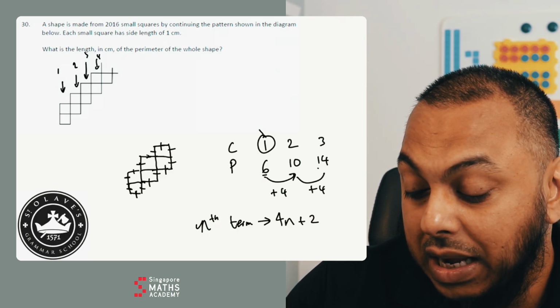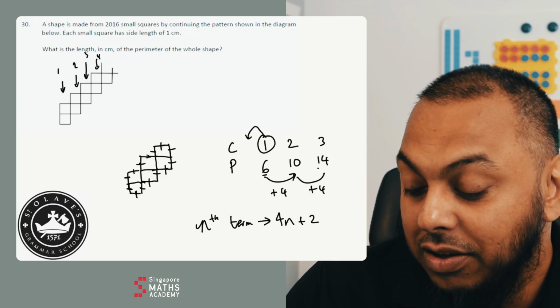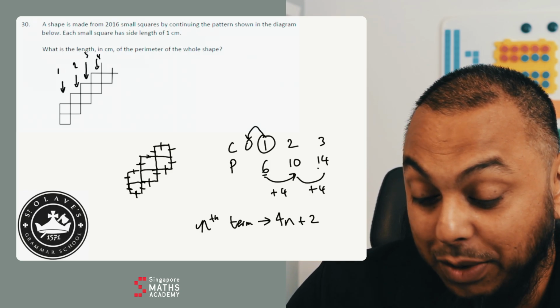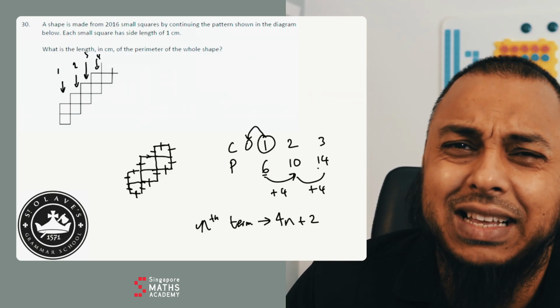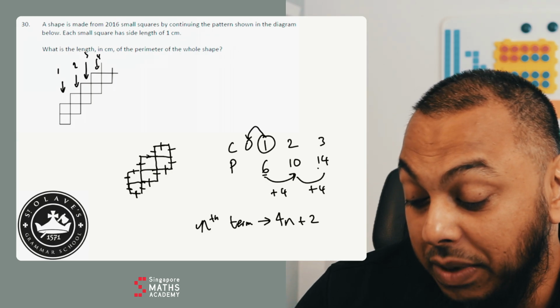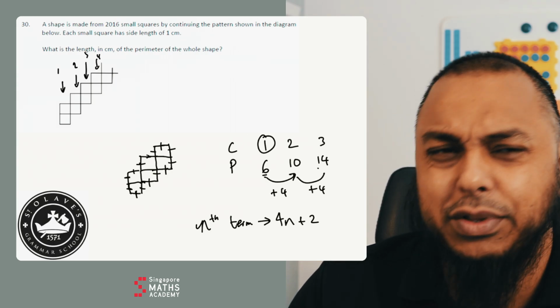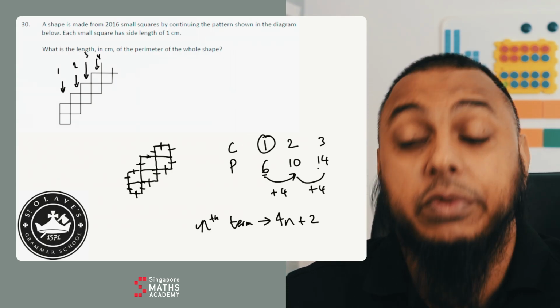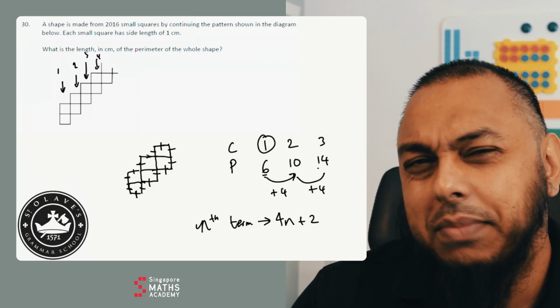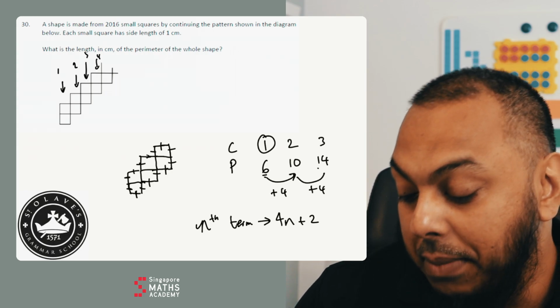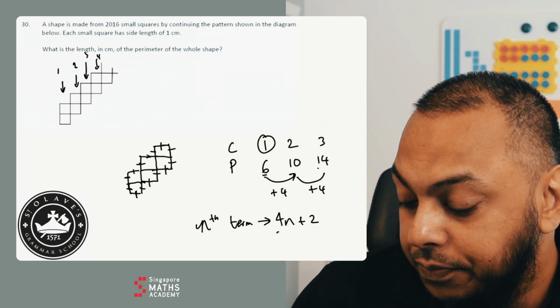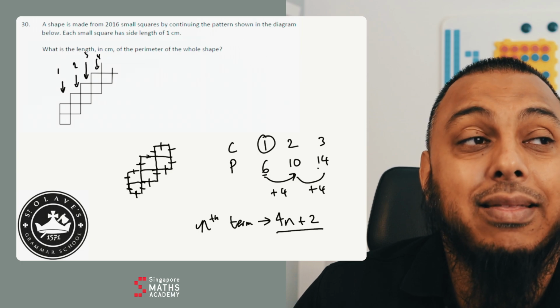Some of us also work at the 0th term. What would the perimeter be if there were 0 columns, which doesn't make sense in this case? It would have been 6 take away 4, which is 2. But obviously if there's no columns, the perimeter would be 0, and that doesn't make sense, so you might not use that method. So 4n plus 2 is our nth term.